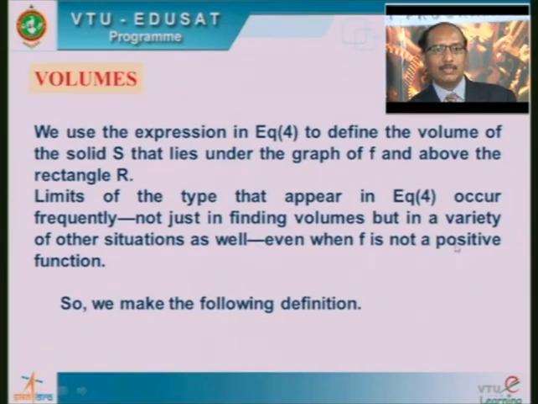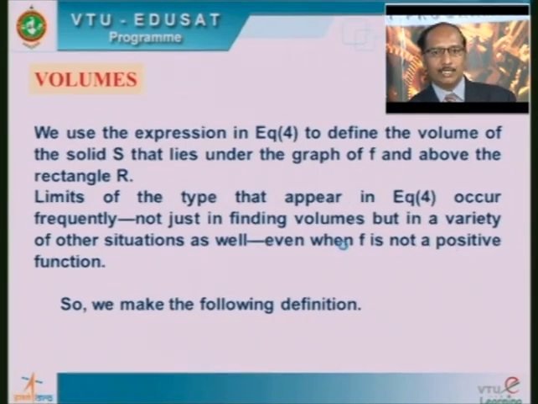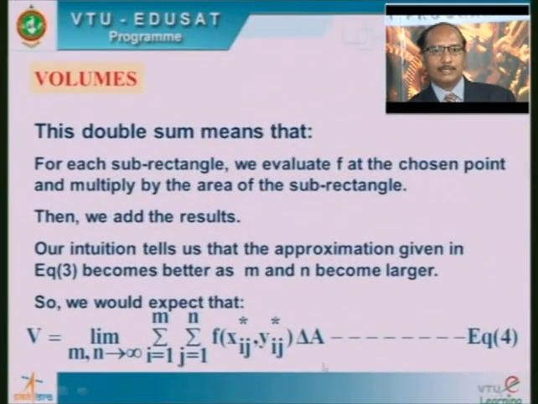Even if f is not a positive function. This is important. We considered here that f is a positive function. Suppose f is not positive, what happens? You get the sum of the part of the surface above the xy plane and the part of the surface below the xy plane. Below the xy plane it gives a negative value, above the xy plane you get a positive value.